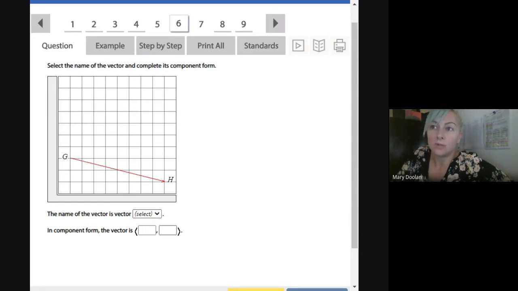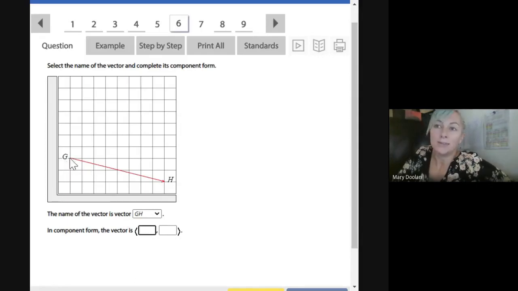The way you decide which one it's going to be is look for the arrow. Okay, wherever the arrow ends up, that would be the second letter. So it's going to be GH. Starts at G, ends at H. Initial point, terminal point. And the component form, so I need to put two numbers here.